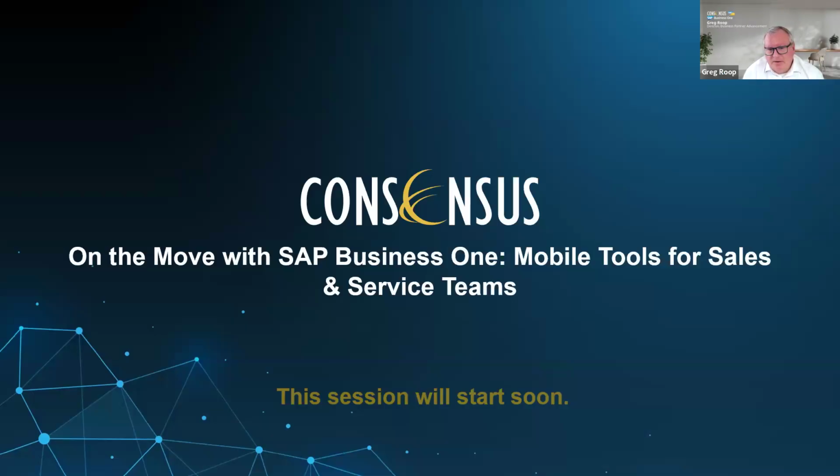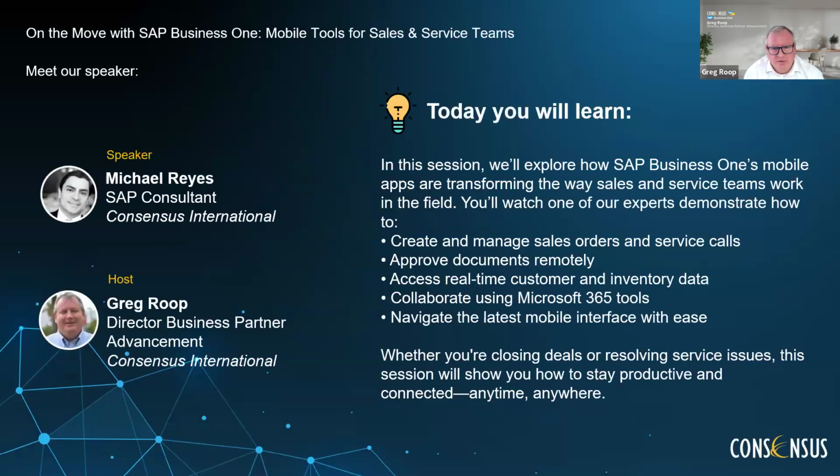So we're excited about this. This is an additional thing you can add to your tool belt. If you have people that are in and out of the office a lot, the mobile tools for sales and service are really nice things you can run on your phone or your tablet without necessarily needing a full-blown connection to SAP Business One.